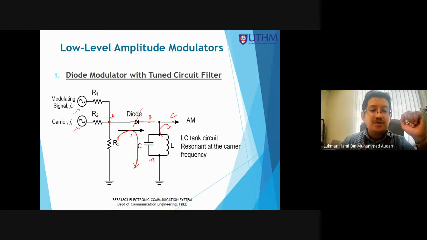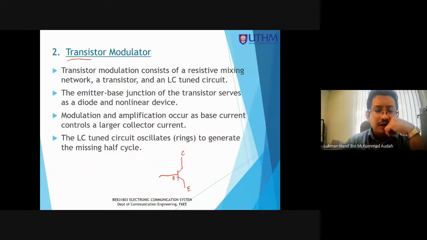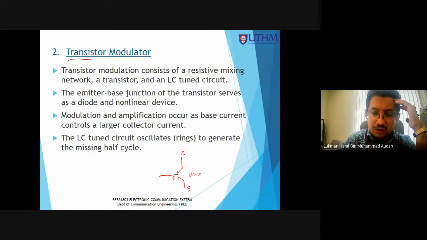In this case, a transistor usually has a threshold value. Depending on the type of transistor, it is usually from 0.3 up to 0.7, if I'm not mistaken, depending on the type of transistors.